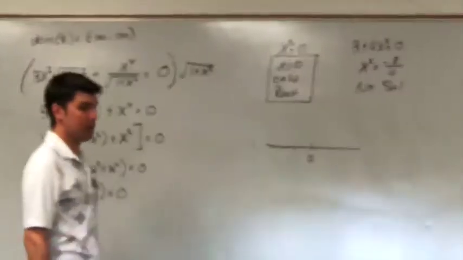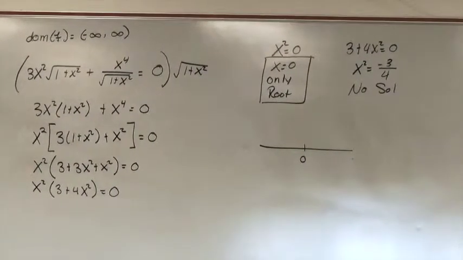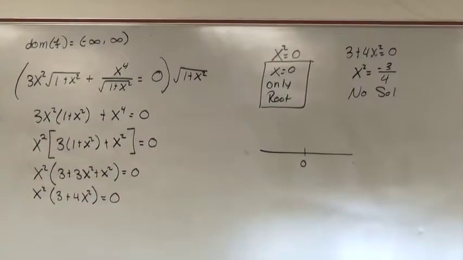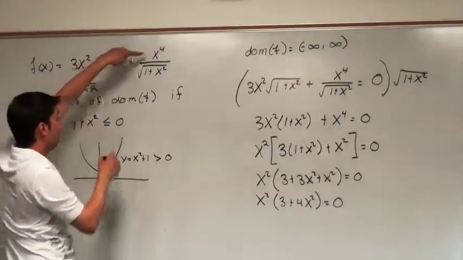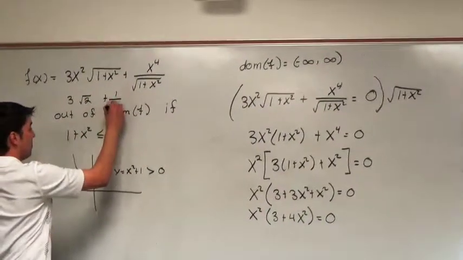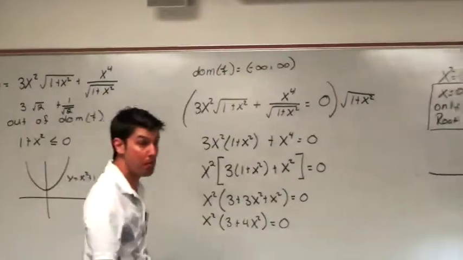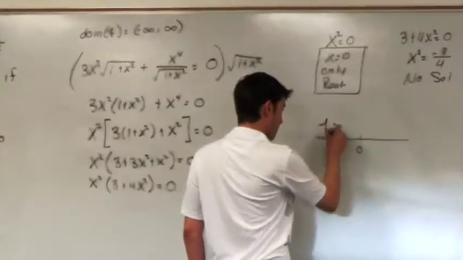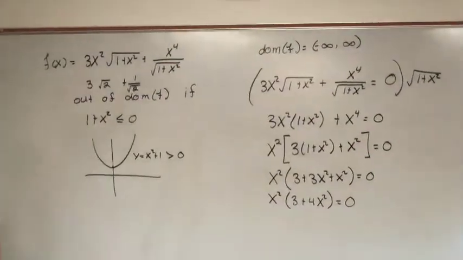All right, so pick something less than 0. I choose negative 1. We plug negative 1 into this, we'll get 3 square roots of 2. Negative 1 to the fourth is positive 1. So we get some positive number. Choose something bigger than 0. I pick 1.